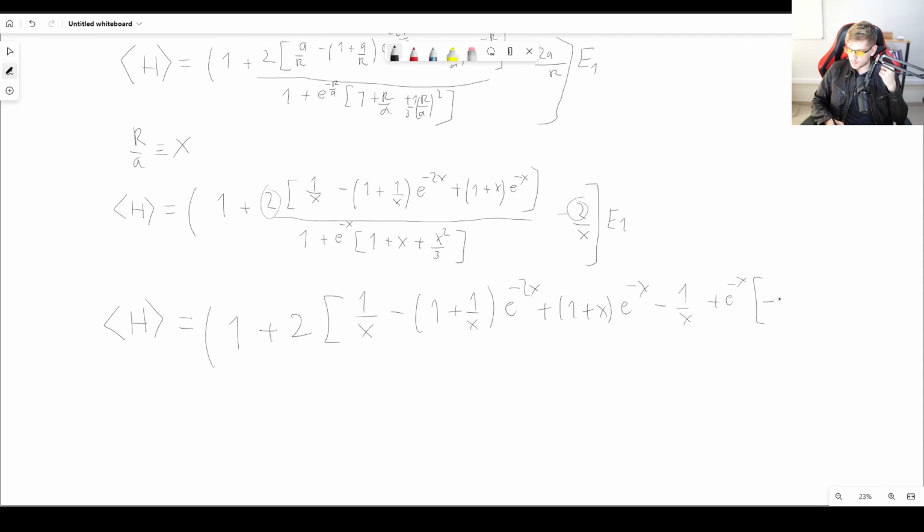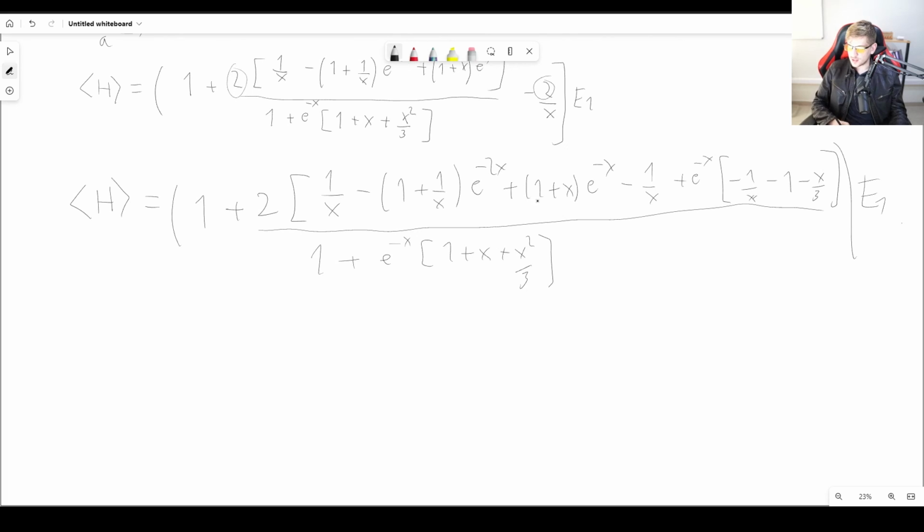So minus 1 over x minus 1 minus x over 3. And all of that is still divided by 1 plus e to the minus x, 1 plus x squared over 3, and all of this is times E1.